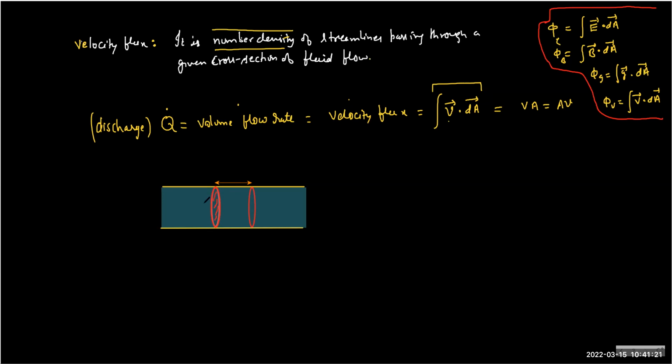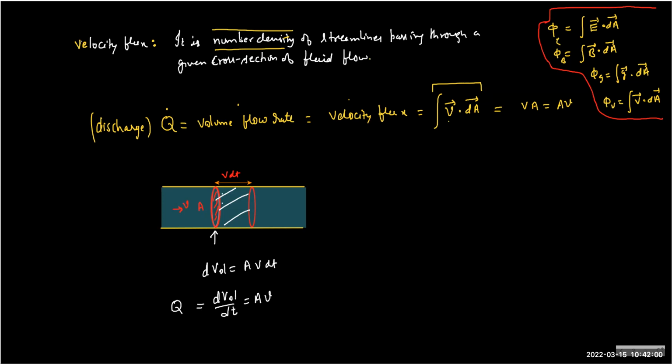If this is the area of cross section A and the velocity of the fluid is v, then through this cross section in time dt, the liquid will travel v dt ahead. So the volume between the two cross sections which I have shown here is the amount of liquid that has crossed this cross section in time dt. The volume equals area into length, and therefore dV by dt is A into V.